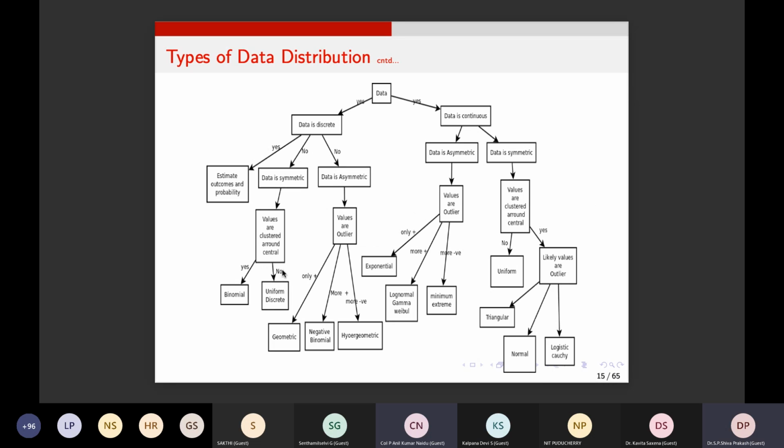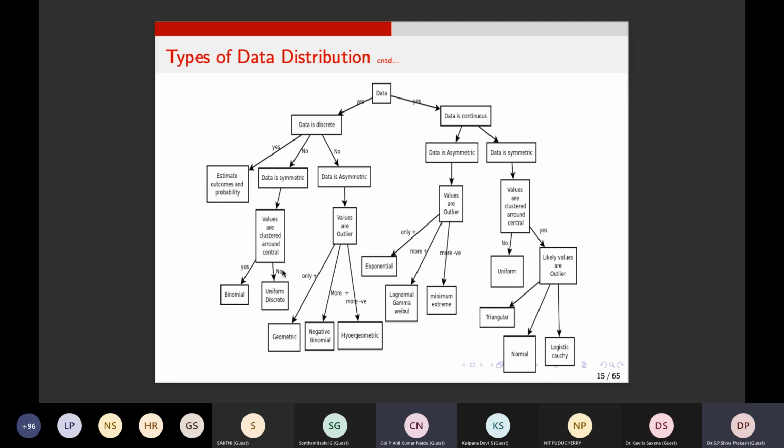Now, what are the types of data in data distribution? If you try to categorize this, one is discrete and another is continuous data. Under discrete data, we try to estimate the outcomes and also the probabilities. Then we try to find whether the data is symmetric or asymmetric.